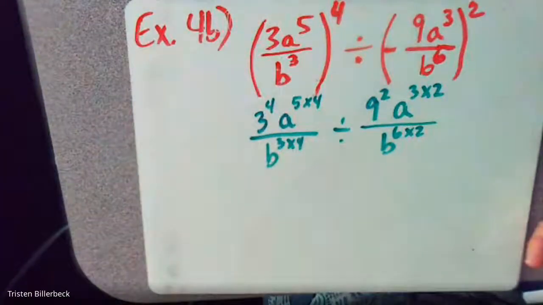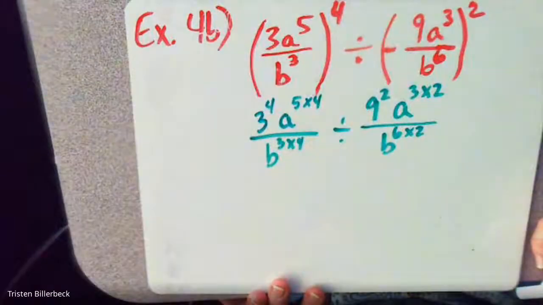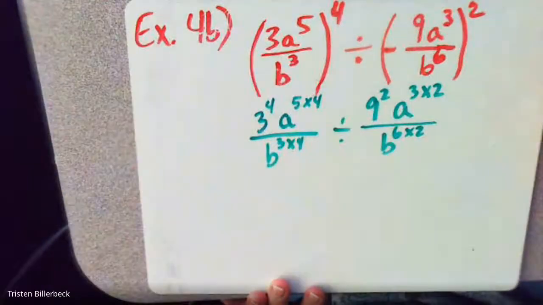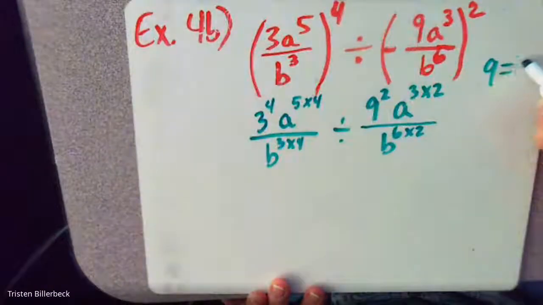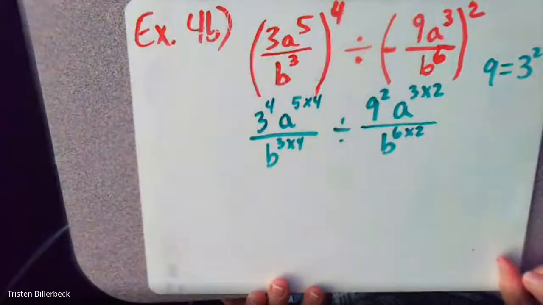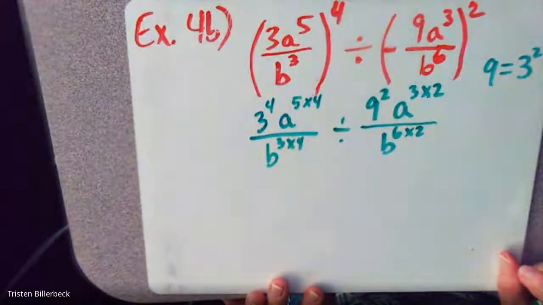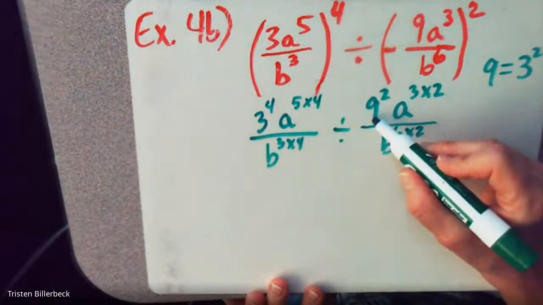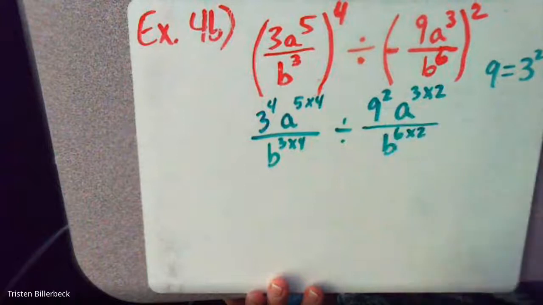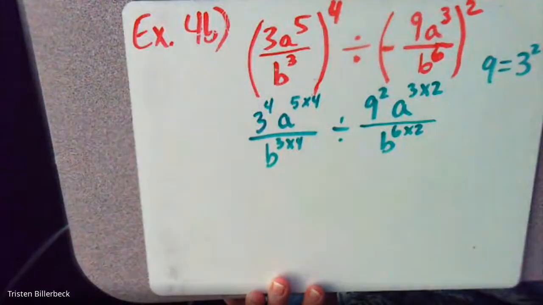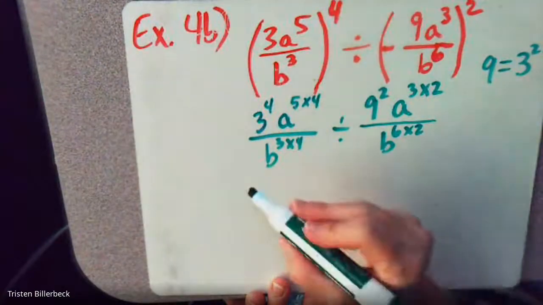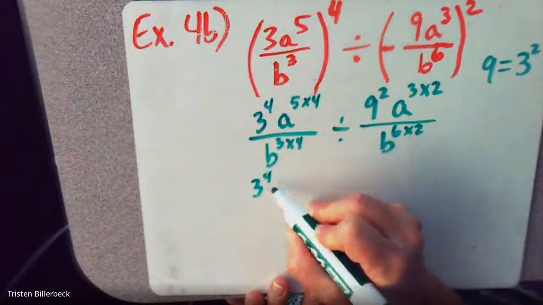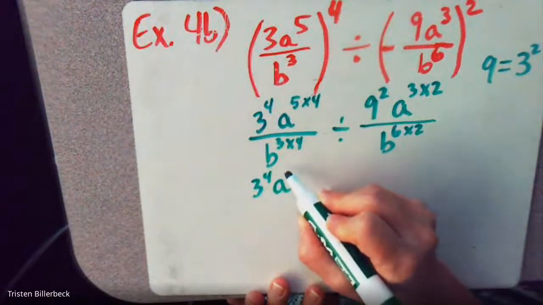So now let's figure out what all these are. Hey, I have something to think about. Isn't 9 equal to 3 squared? Can we substitute 3 squared in there? Let's do that. So let me write this out. So we have 3 to the 4, a to the 20.